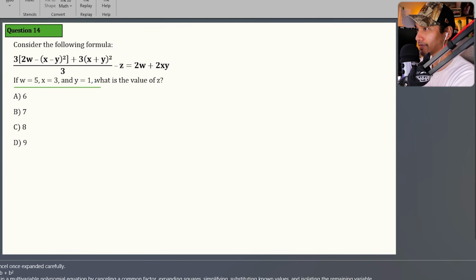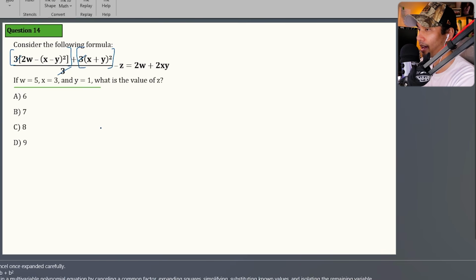What we could do from the get-go is just get rid of this 3. I put this 3 to confuse you. We can get rid of it because this equation is made of two full terms.